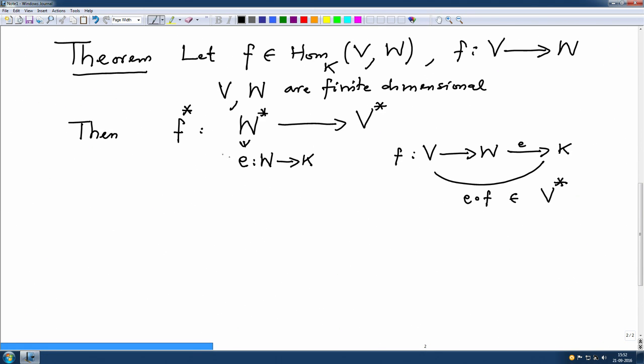And because E is linear, F is linear, E composite F is also linear. So we get a map from the dual space of W to the dual space of V. The directions of the arrows are changing. Now the assertion I want to prove is: rank of F equals rank of F star.